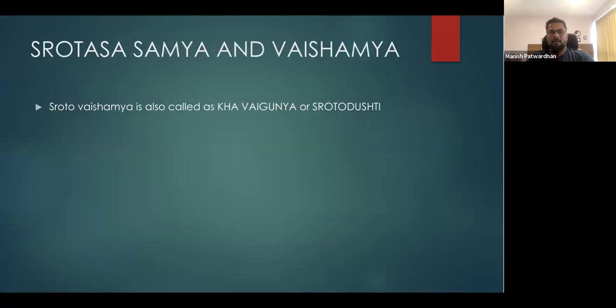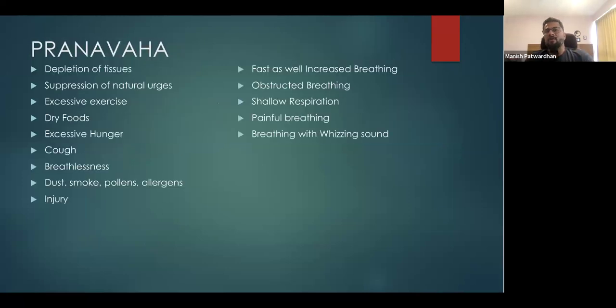Now, when we look at what causes the disturbances of these srotas, pranavaha srotas is supposed to be disturbed by these causes, and these are the effects that are seen.